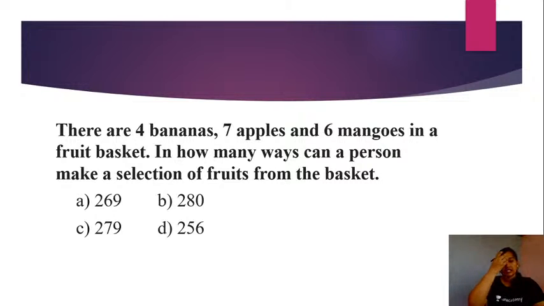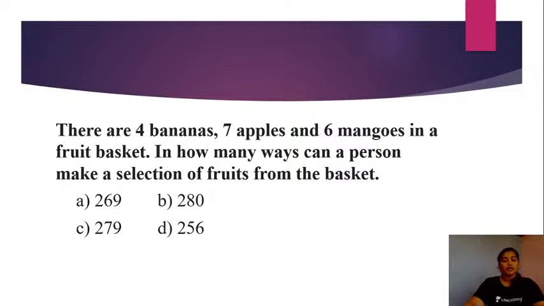Yes, your question is there are 4 bananas, 7 apples and 6 mangoes in a fruit basket. In how many ways can a person make a selection of fruits from the basket? So give a try to this question, students.